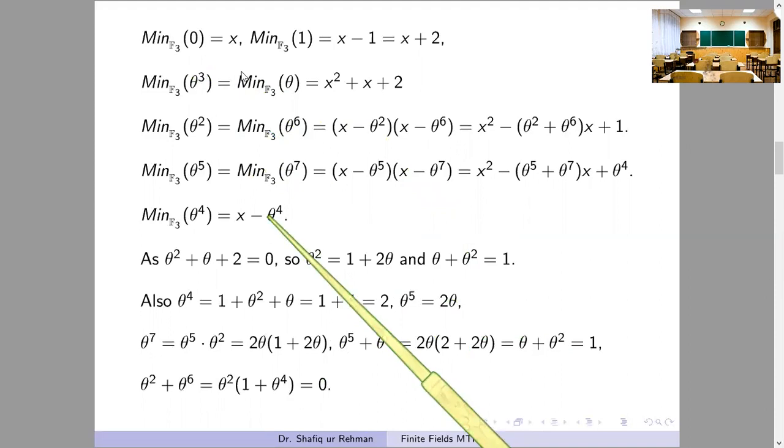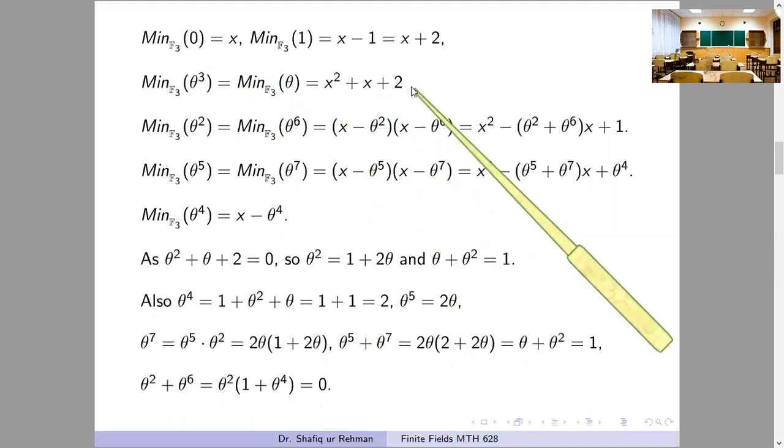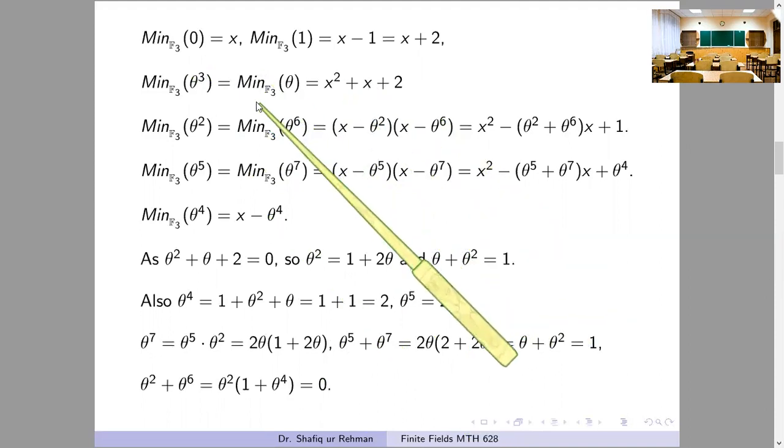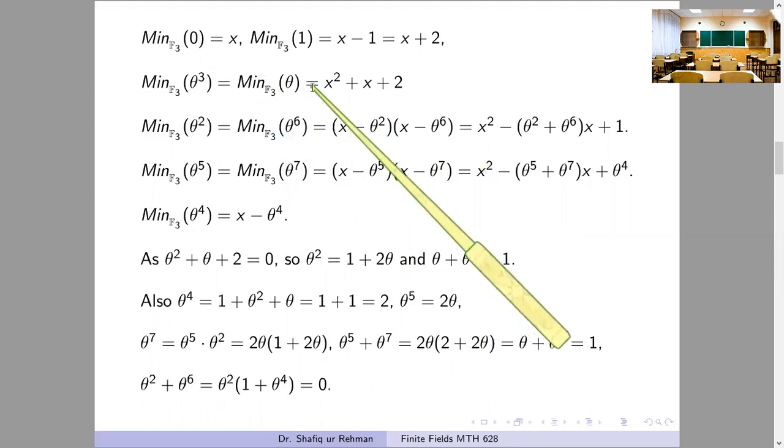We know from the start that the minimal polynomial of theta is this one.